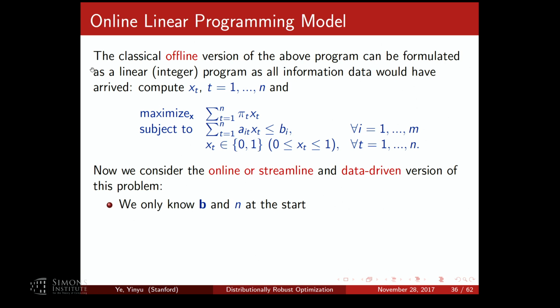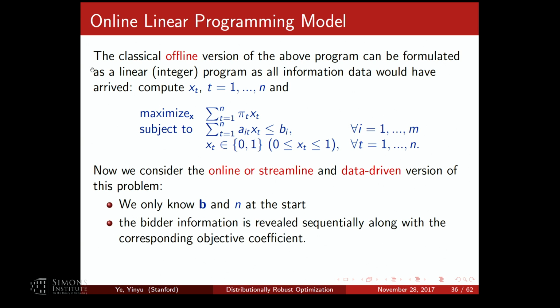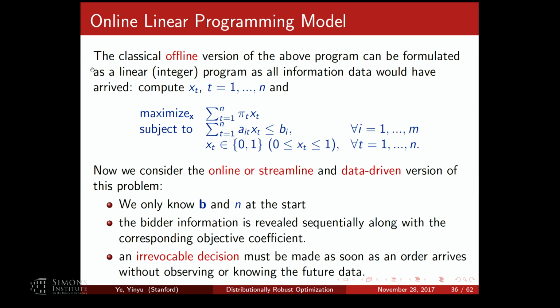You don't know any part of pi_t and a_it. Information is revealed sequentially, corresponding to the objective coefficient. So at time t, the information, including the pi_t and a_it, is revealed, and once you have it you have to make an irrevocable decision: sell or not to sell.